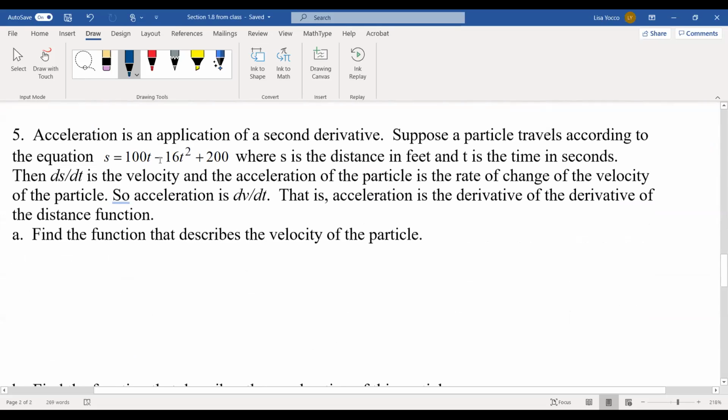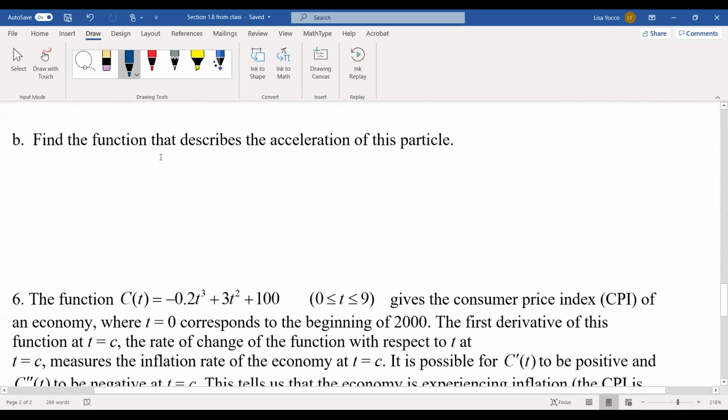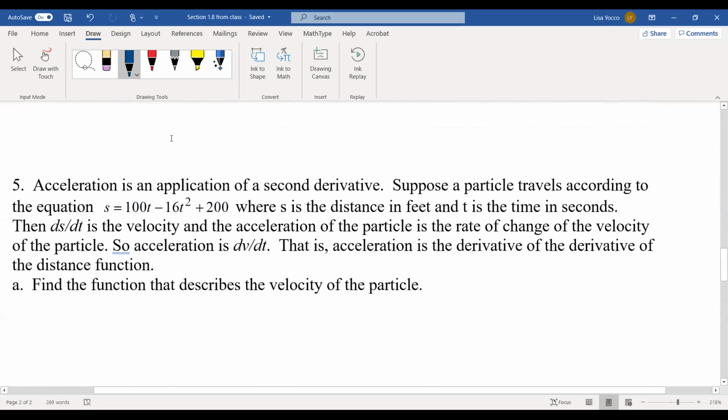So next we're looking at a couple of applications of second derivatives. And one of the first ones that we talk about is acceleration. Velocity is, let me back up.